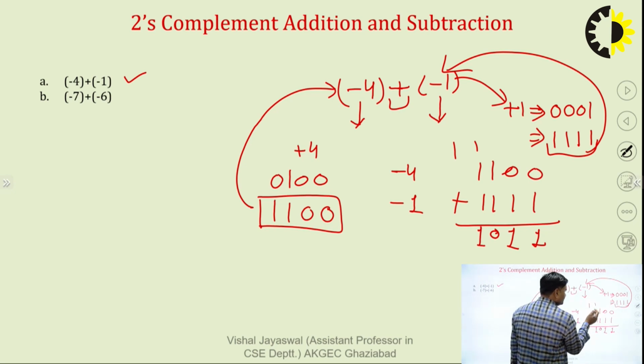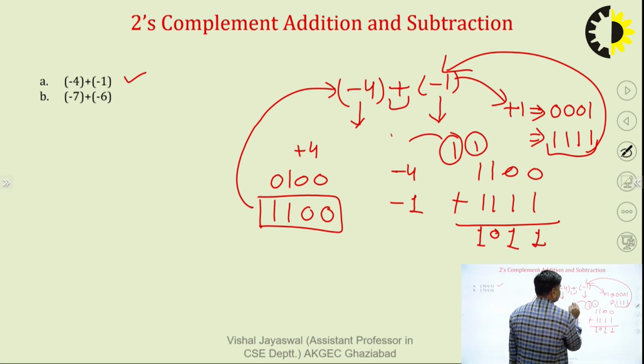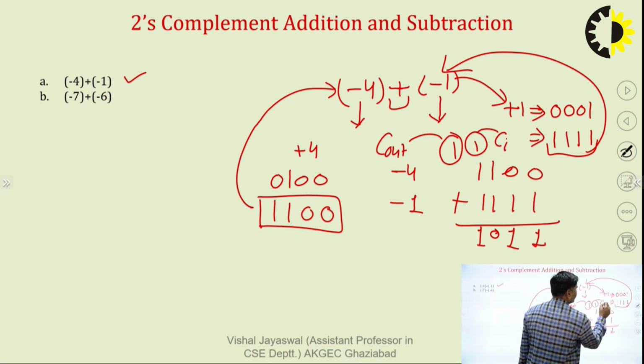Here this is the C in and this is the C out. Basically we can say that this is C out and this is C in.